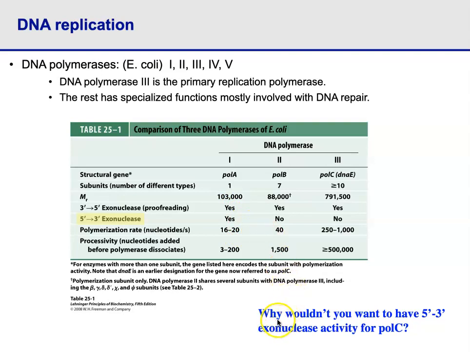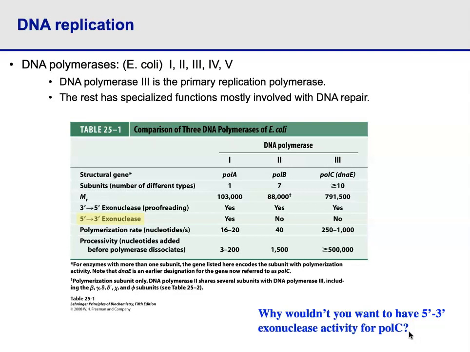I wanted to ask you here, why wouldn't you want to have 5' to 3' exonuclease activity on Pol-C? Think about it, especially in the sense of the Okazaki fragments. If you have a polymerase basically going 1,000 nucleotides per second forward, and it reaches the beginning of the previous Okazaki fragment, what's going to happen if that polymerase has 5' to 3' exonuclease activity?